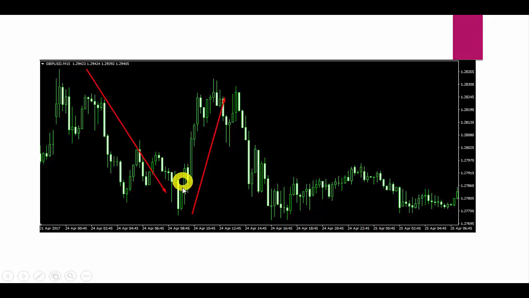So this third candle is confirmation of our three inside up. After the closing of this candle, we will wait for some retracement. We will take entry from here.